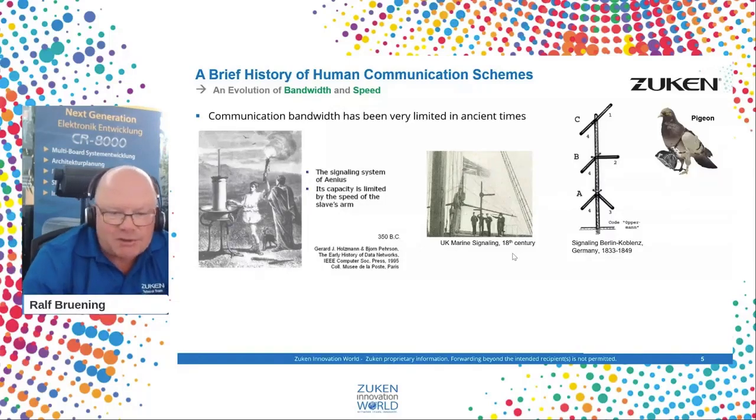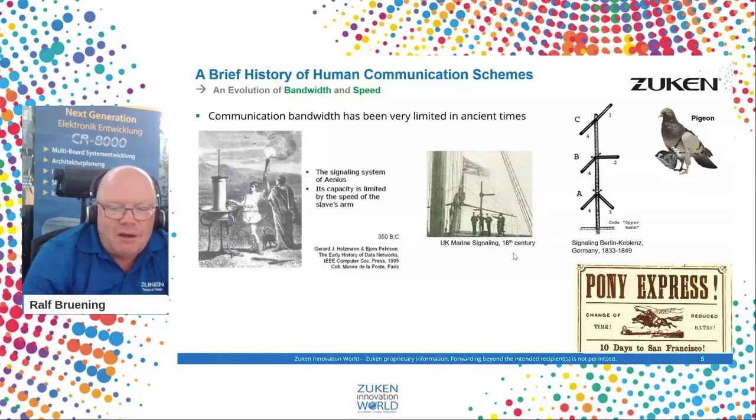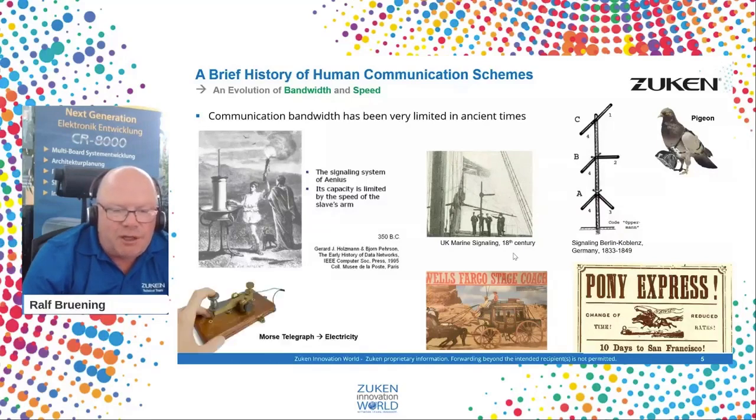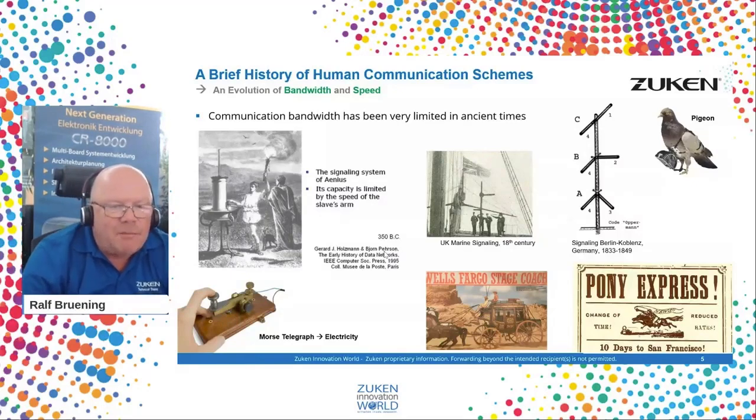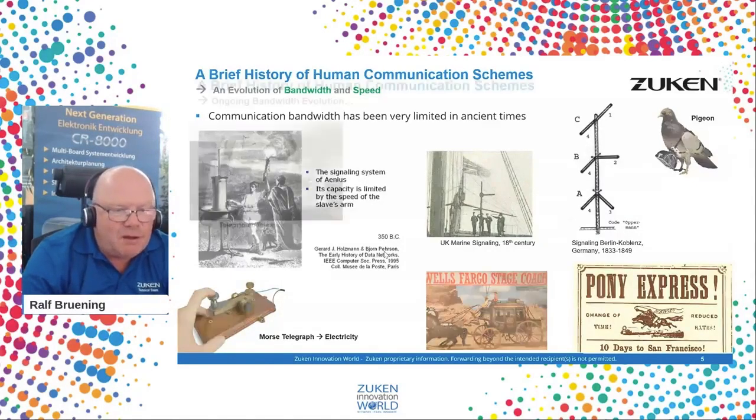Bandwidth was limited, but speed was increasing. We had other things 150 years ago, which we know from the Western movies from Hollywood, like the Stagecoach and the Pony Express, and then electricity arrived in the game. So we had the Morse telegraph, and this was a game changer for both speed and bandwidth. However, bandwidth was still limited.